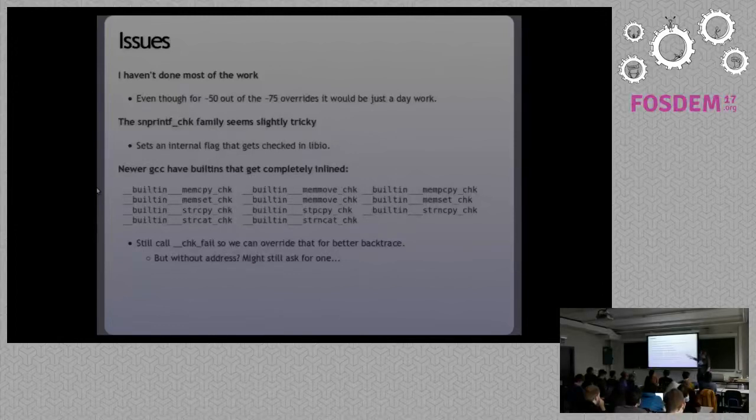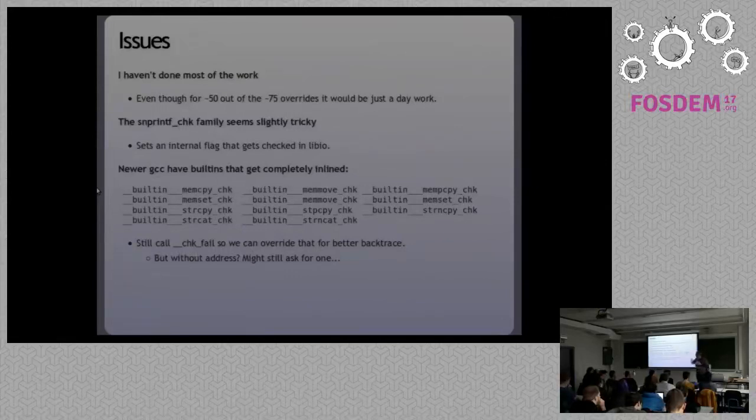GCC now has built-ins for this set of functions, and what glibc does is, if fortify source is on, we just alias strncpy to builtin strncpy check, and GCC inlines it all, and there isn't a function left anymore.